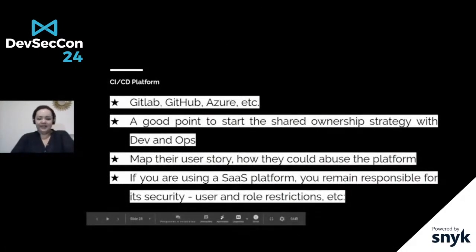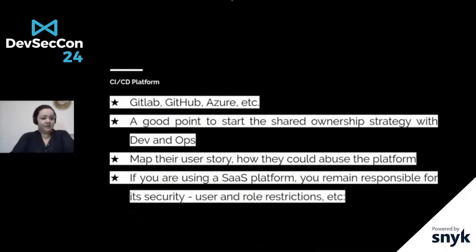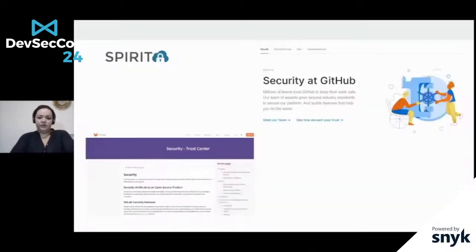And remember that even if your platform, your repository, is a SaaS, the provider is only responsible for the security of the environment. The configuration of your instance is still up to you. Both GitLab and GitHub have a security center with detailed documentation. Be sure to check them.